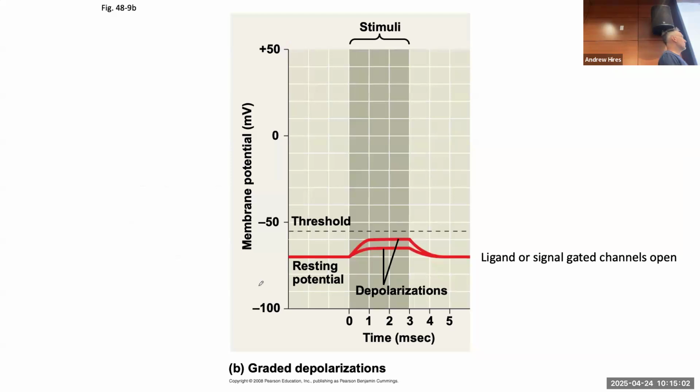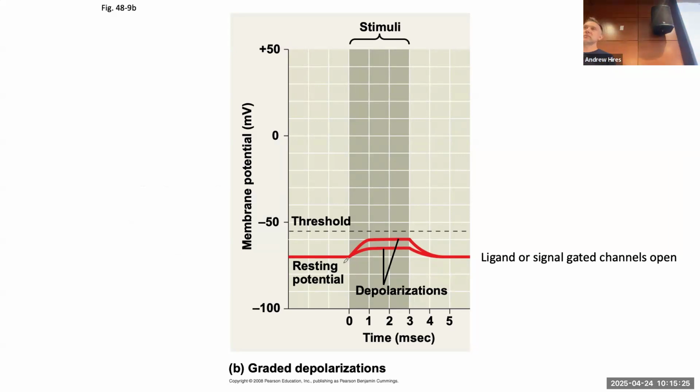Okay, what about depolarizations? These graded changes, these small changes, these fluctuations are exactly what we were seeing. So what could be happening here? More ligand-gated channels, right? Some other ligand-gated channels. And what do we think the conductance there might be?